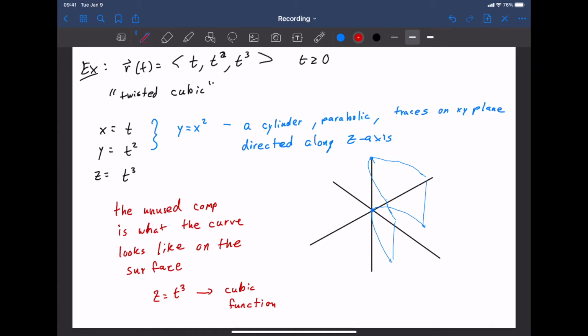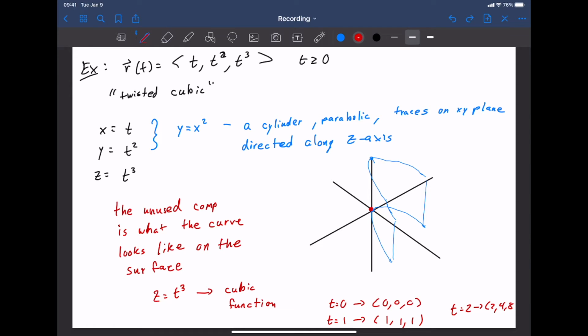I'm graphing it like the surface I'm looking at right here is my xy plane. So when t equals 0, we have the point 0, 0, 0. That's why I just did that in red. And when t equals 1, we're going to have the point 1, 1, 1. Not that interesting. But when t equals 2, 2, 4, 8.